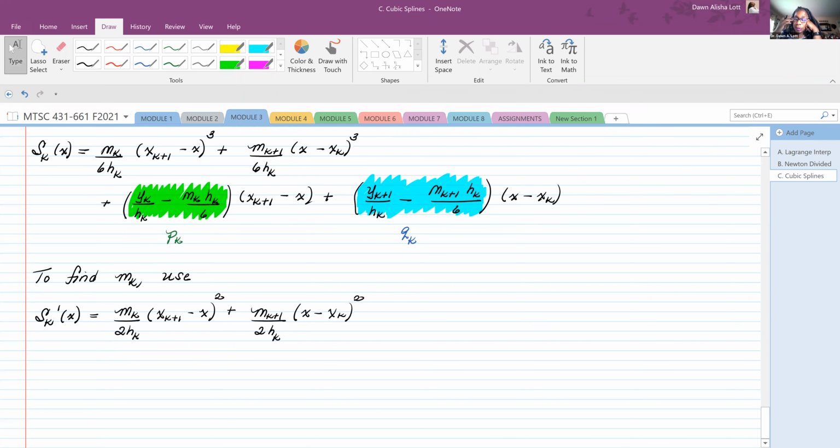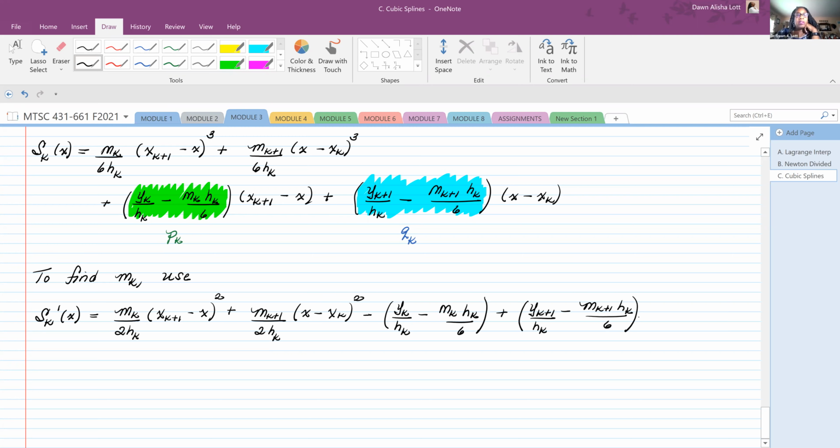We're taking the derivative with respect to x, so the only thing that comes out of this next term is minus y_k over h_k minus m_k h_k over 6. And then from the next term we get plus y_{k+1} over h_k minus m_{k+1} h_k over 6.